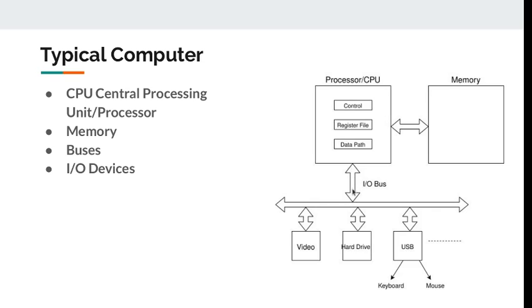This I/O bus is how the CPU is gonna talk to other input-output devices. So USB, that's going to provide keyboard, mouse, or any type of microphone that I'm using right now. The hard drive, so sometimes you have a secondary storage that you have to use to store your operating system or your personal items.